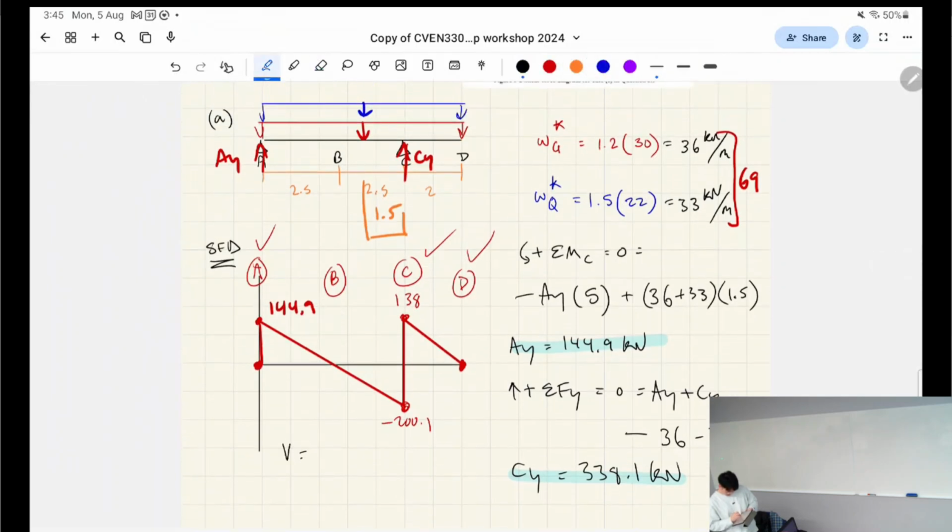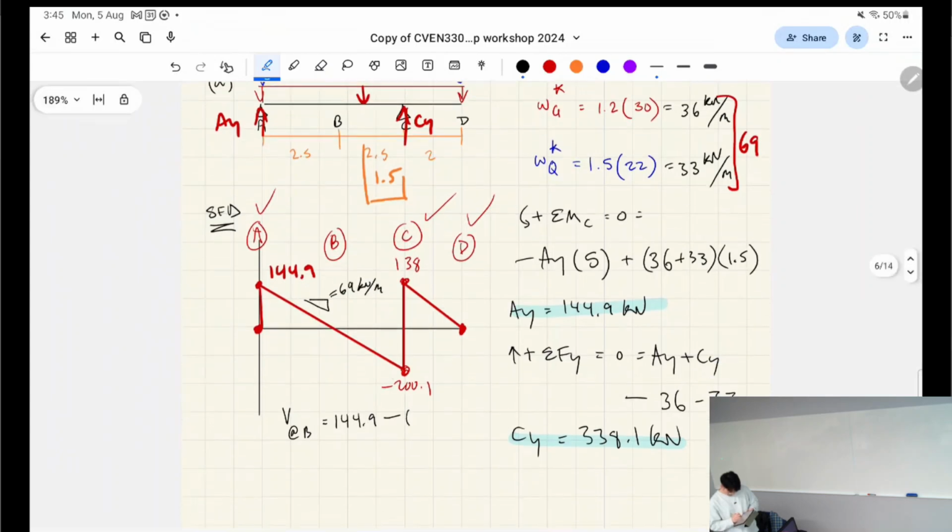So the shear force at B, for example, will be this number minus this slope, right? What's this slope? 69 kilonewtons per meter. Right? This gives us negative 27.6.